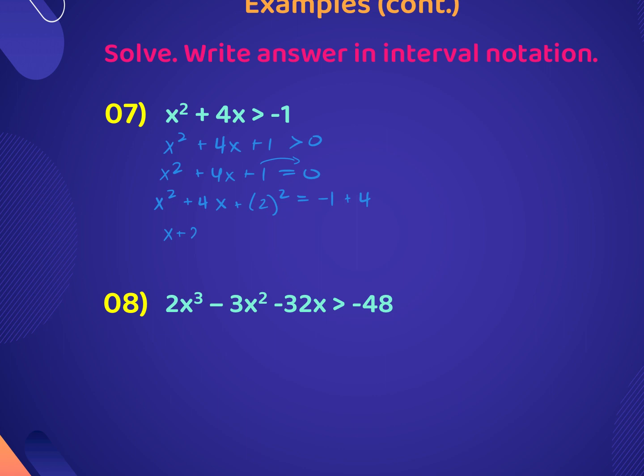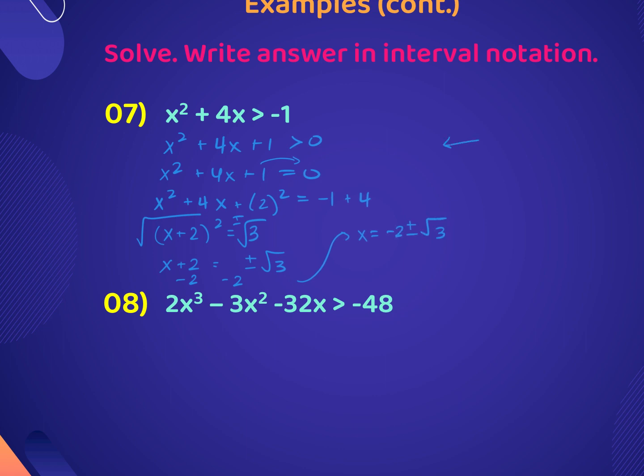So this side's going to become x plus 2 squared equals negative 1 plus 4, which is 3. And I'm going to take the square root of the left, positive and negative square root of the right, and I'm going to get x plus 2 equals plus or minus radical 3, and then subtract 2 from each side. So my answer here is x equals negative 2 plus or minus the square root of 3.